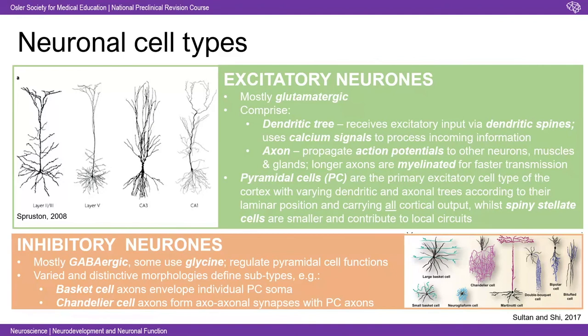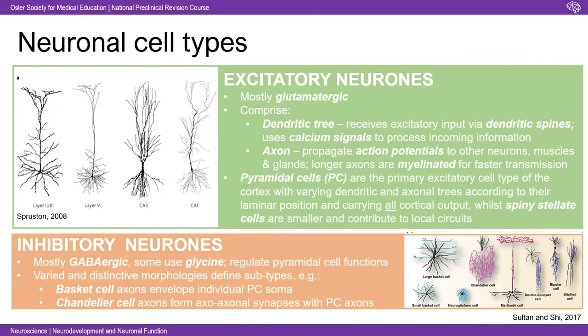They also have myelinated axons, which can be quite long in some places, particularly if they are projection neurons out of the cortex, and the myelin sheath is important for that fast saltatory conduction. By contrast, inhibitory interneurons are really more varied.